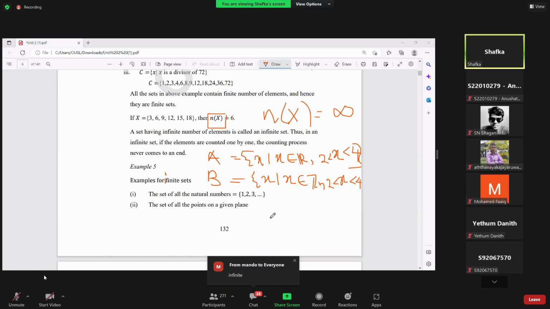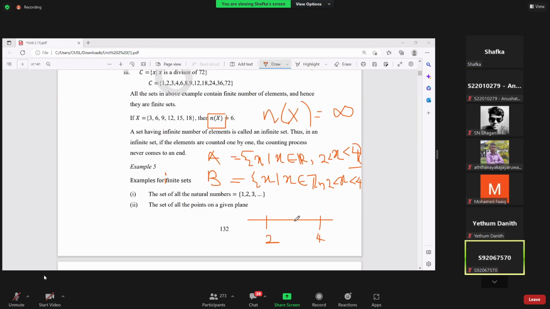If you are considering real numbers between 2 and 4, okay. Those who said it's a finite set, can you tell me the elements? Yes. 3. 3, okay. Is that so?